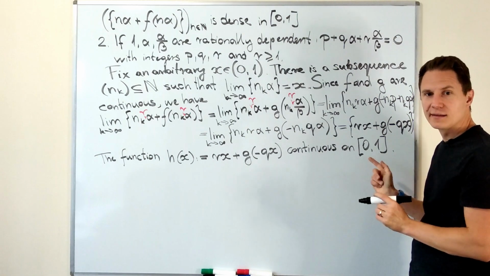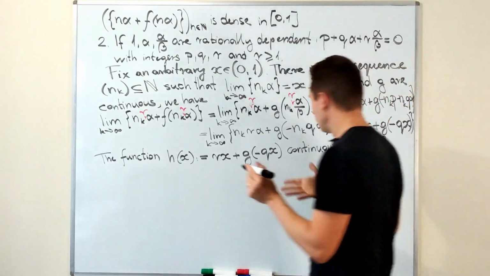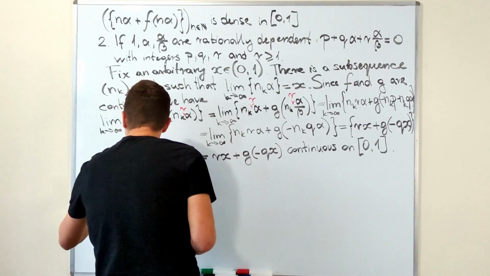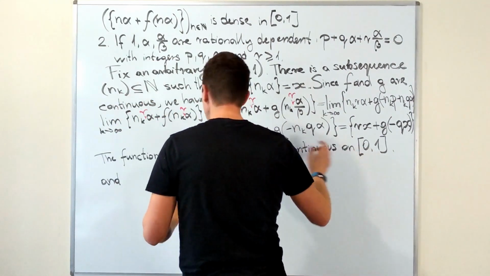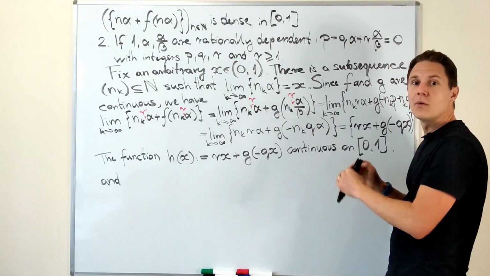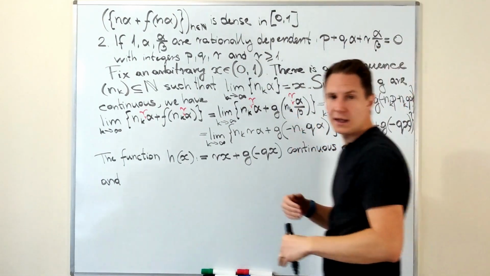In fact, what we can show just by thinking a bit is that the values of h at the different ends of this interval differ by more than 1. That is very important.